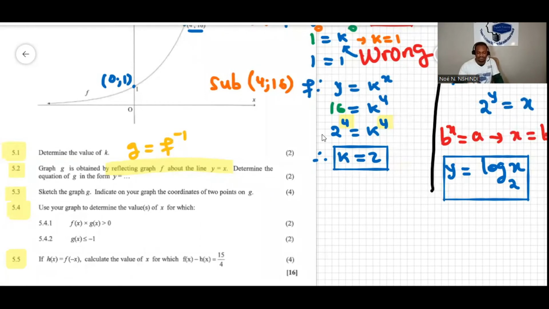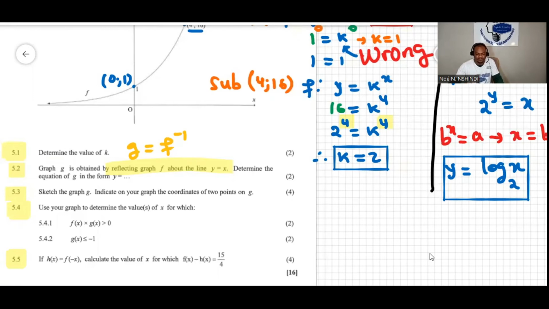All right, we're going to do that over here. Let me read the question over. If h of x equals f of minus x, calculate the value of x for which f of x minus h of x equals 15/4.